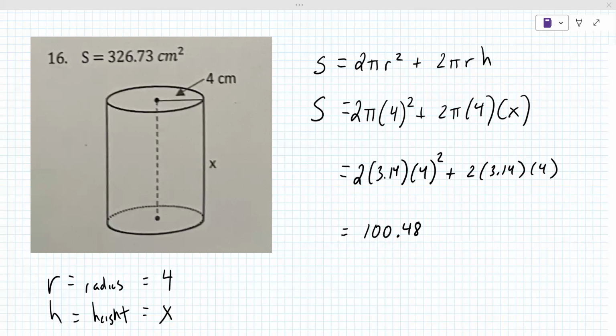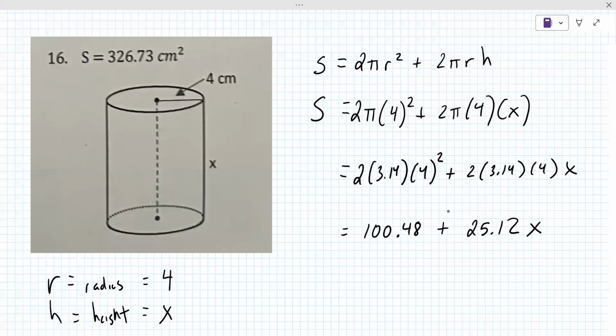I got the answer, and it's just a long number. No, it's not, Sourish. 2 times 3.14 times 4. Yeah, 2 times 3.14 is 6.28 times 4, that is 25.12. Good. And there's an X that goes along with it.